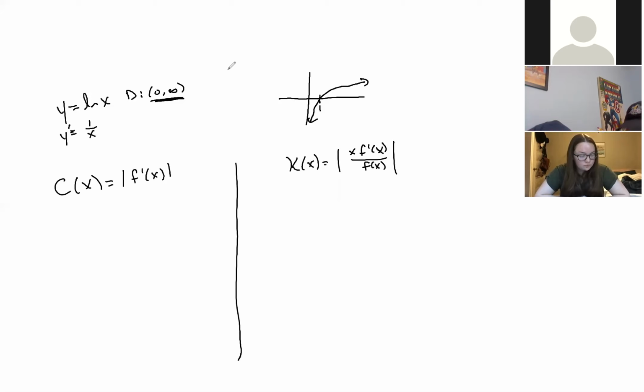So on part F, the function was arc sine of x, and your derivative is 1 over the square root of 1 minus x squared.